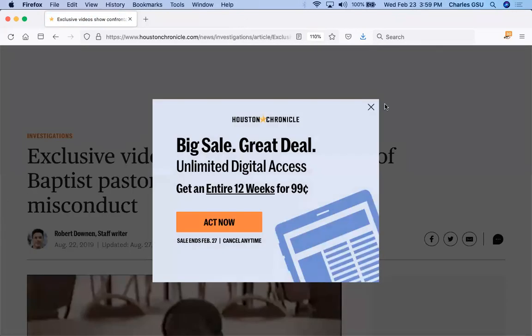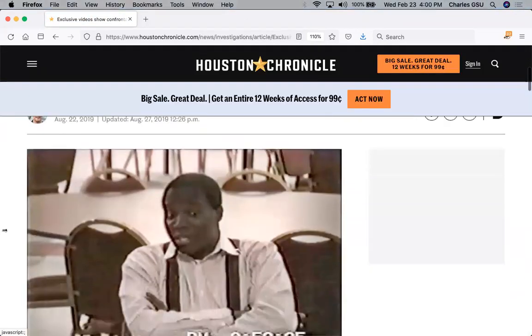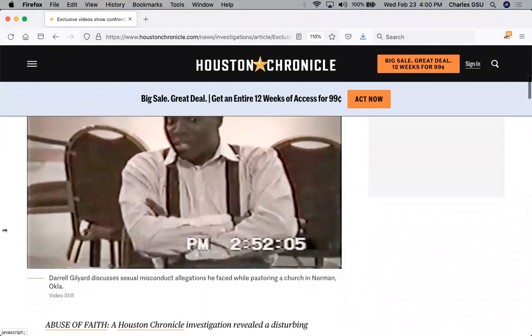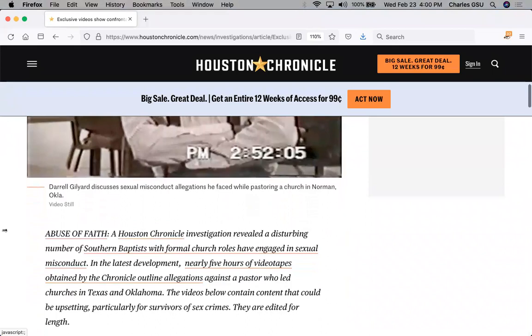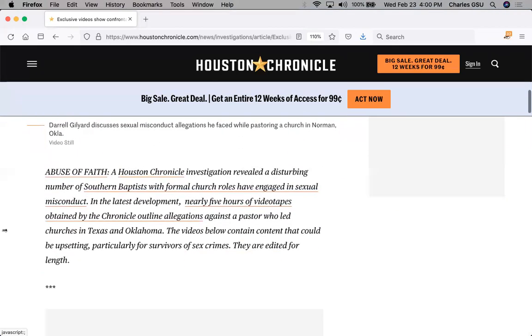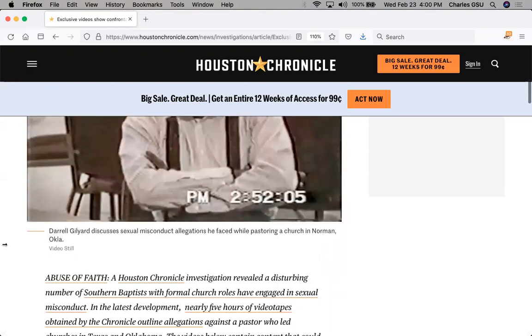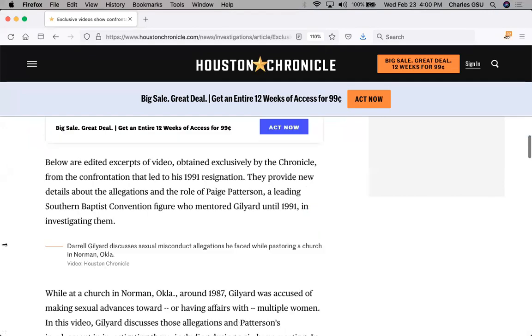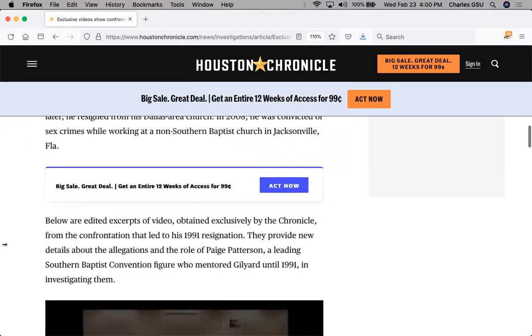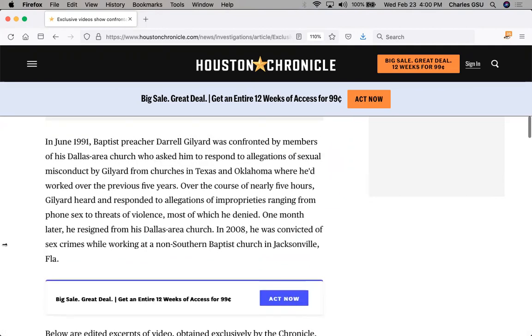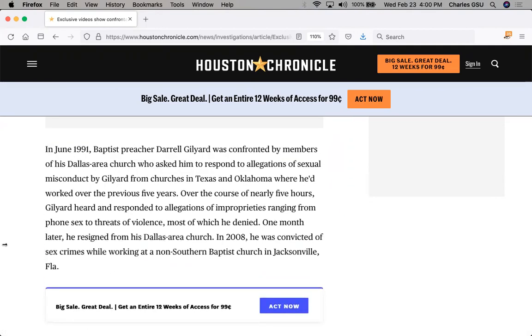Baptist pastor, who actually admitted to and confessed to abusing two women in the Baptist church, right, in Texas and Oklahoma. The fact that we're able to find this article in the Houston Chronicle means that he doesn't have the right to be forgotten, in the sense that this article, this information still occurs.